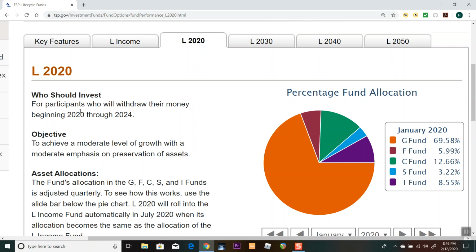For this one, the 20, which is the smallest number, it says for participants who will withdraw their money beginning 2020 through 2024. So that's from now and 4 years from now, if you're going to be withdrawing in that time frame.